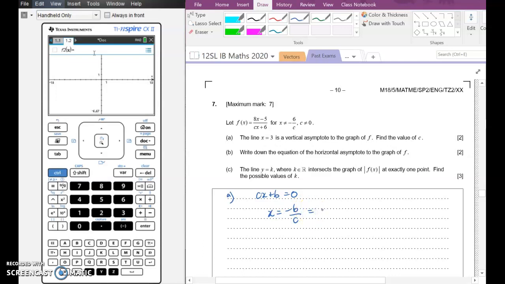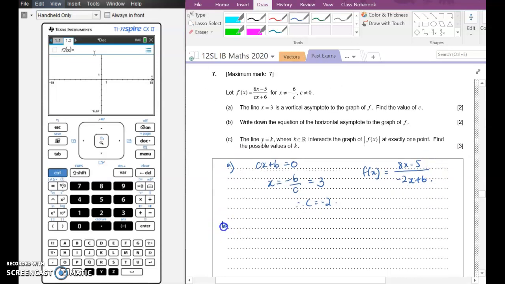But since they said that the asymptote is x equals 3, I can equate this and therefore c would be negative 2. So your actual function now is f of x is 8x minus 5 over negative 2x plus 6. In part B, it wants the horizontal asymptote, and you obtain that when x approaches infinity.